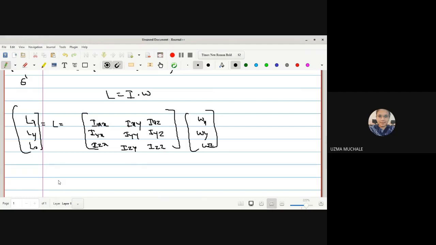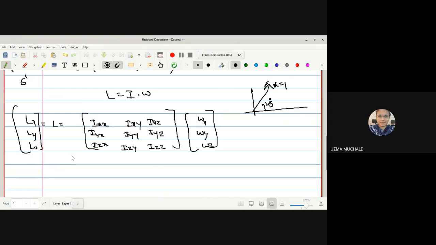We choose the axis of rotation of the body to be a principal axis. In this case, we will consider the principal axes. We are not going to consider Ixy and so on. What is Ixy? It is the moment of inertia along xy, that is, a line passing through the origin making an angle of 45 degrees, with equation x equal to y.